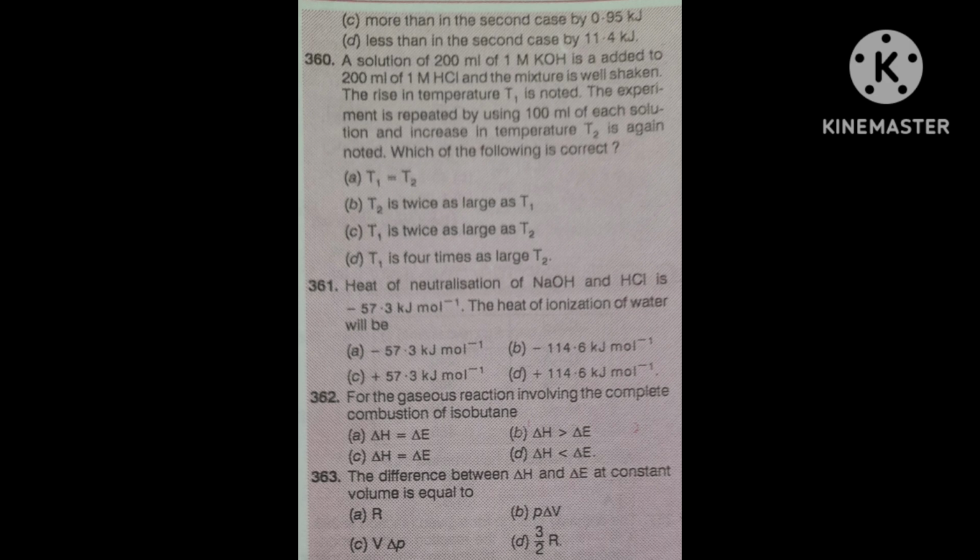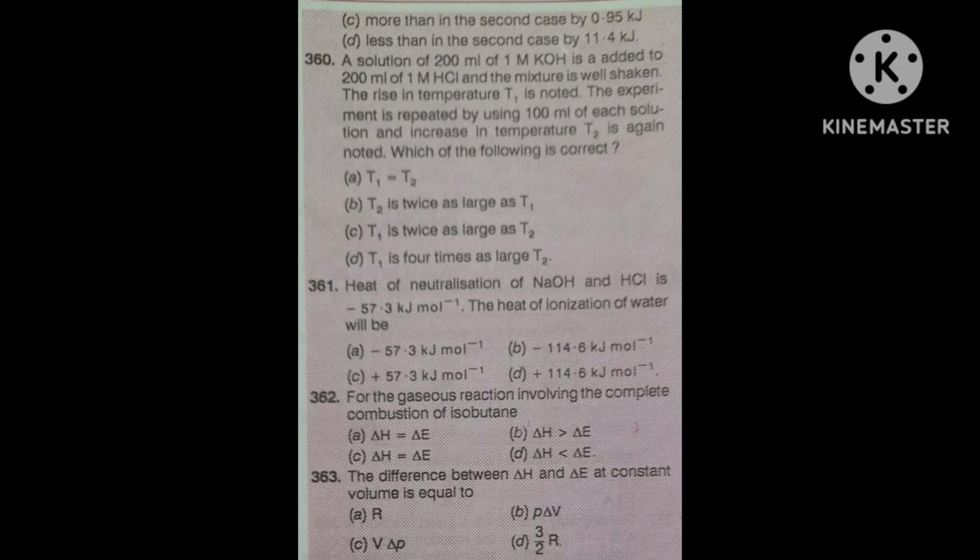Again, I am repeating the question. A solution of 200 ml of 1 M KOH is added to 200 ml of 1 M HCl, and the mixture is well shaken. The rise in temperature T1 is noted.